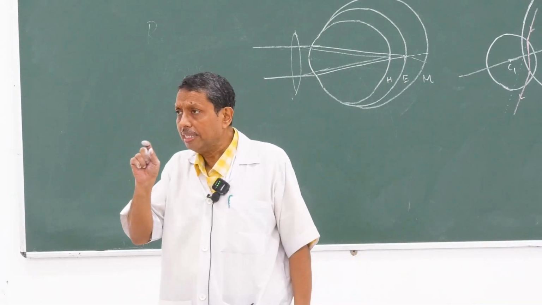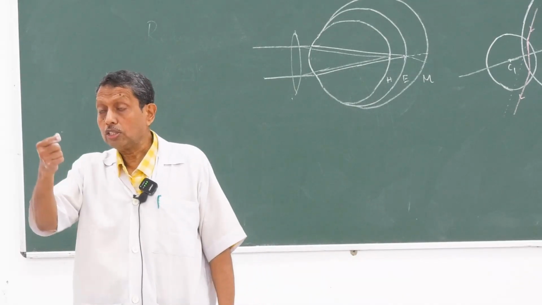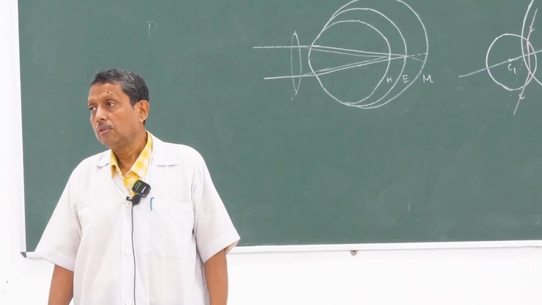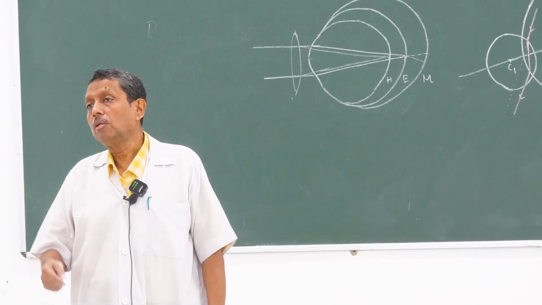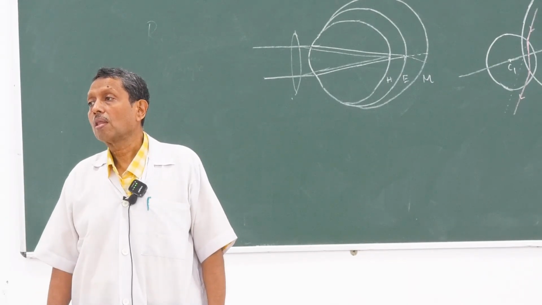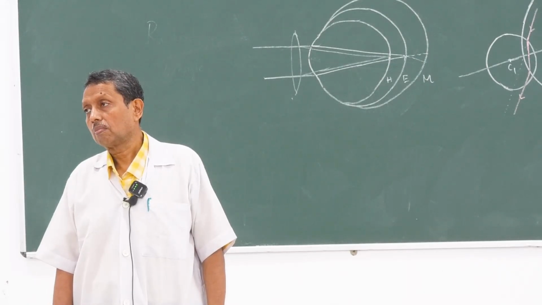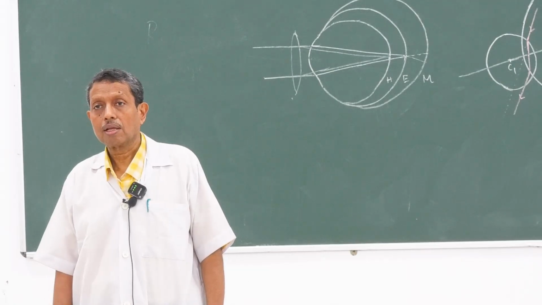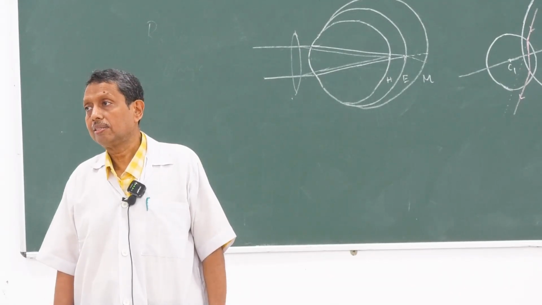But if there is a nearby object, within a distance of 6 meters, it is possible to see without accommodation. So it is called near-sightedness.